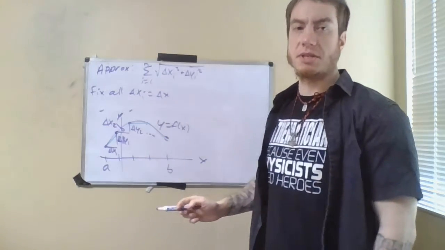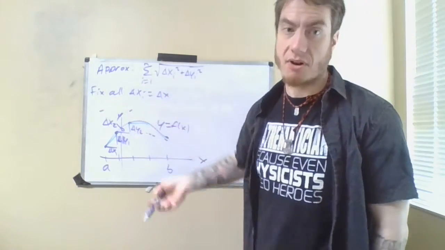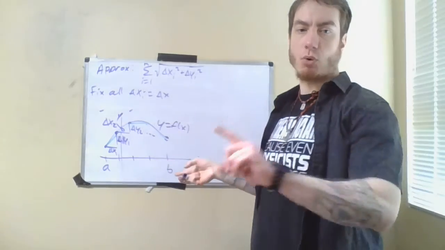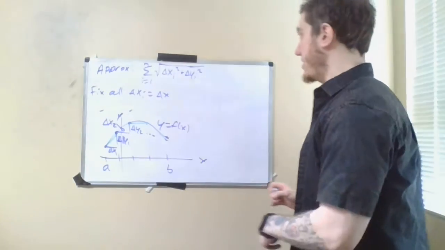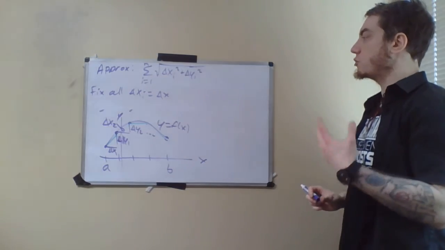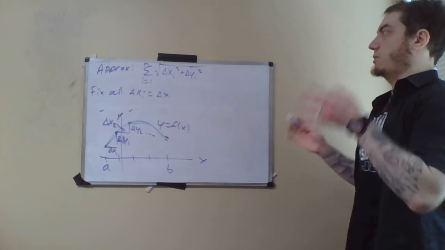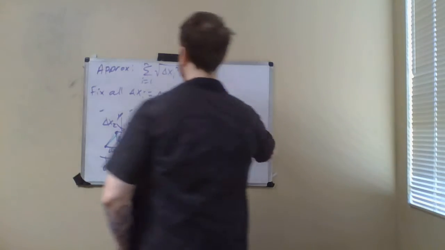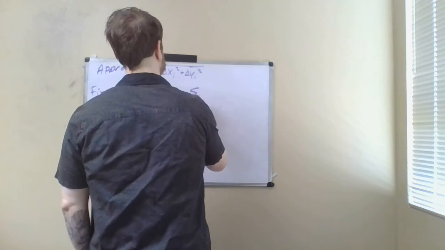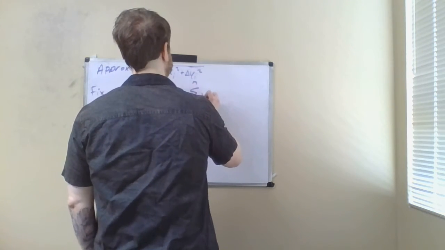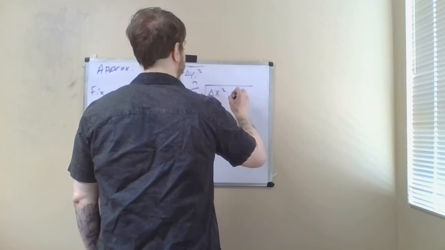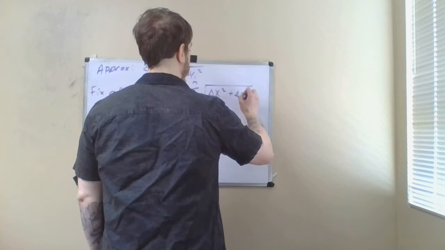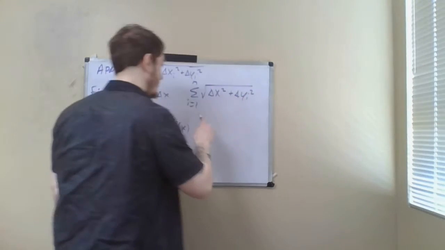The other thing I could do is the same thing along the y variable, but we'll look at that in a moment because it's pretty much identical, just with the variables switched. So in that case, this is going to be the sum, i equals 1 up to n, of the square root of delta x squared plus delta yi squared.